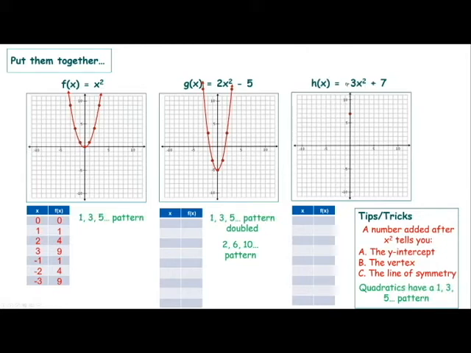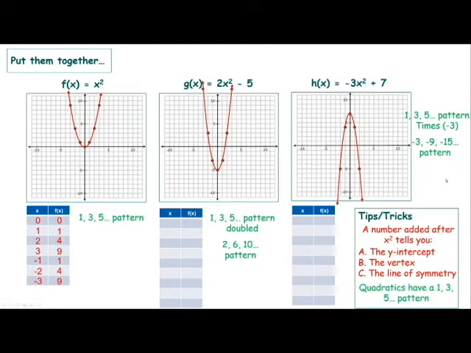And because it's negative, I also know the whole thing is going to go upside down. So I'm going to go over 1, down 3, over 1, down 3, down 9, down 15. Then I'm going to get the reflections across that line of symmetry, and we have our graph. Notice, this moves the whole thing up and down. This value triples the rate of growth, and the negative sign says instead of growing, I'm now going down.